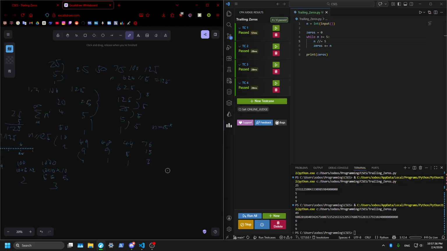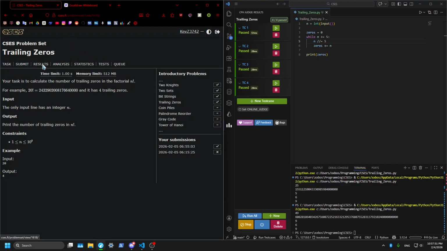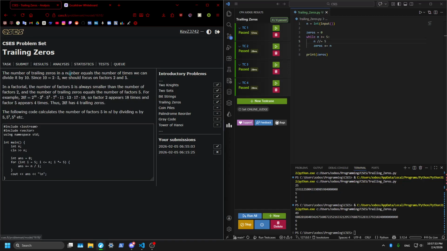Basically, the first time we divide by 5. Okay, I'm still a little... I don't understand why this exactly works. I get it, but I don't really get it, you know?